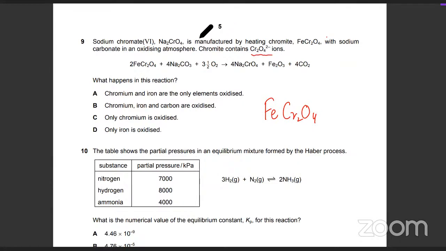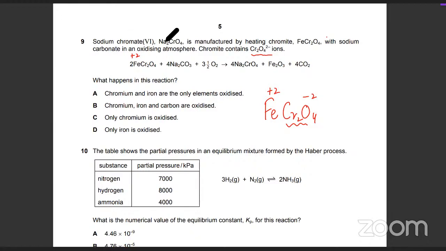So what's the charge on Fe in this case? +2. This part is -2, so Fe must be +2. And chromium, what is the charge on chromium?